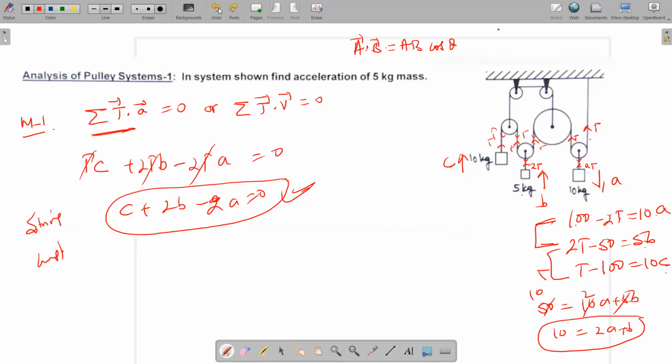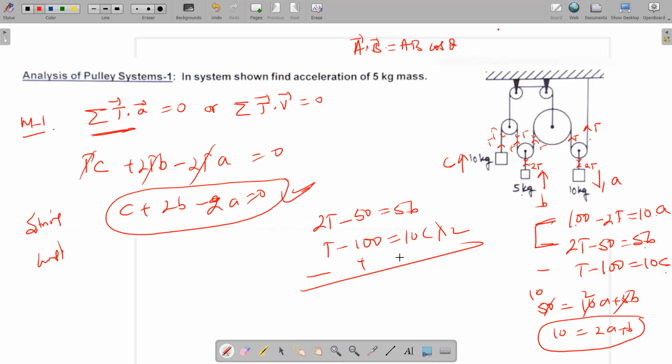So 2T minus 50 equal to 5B, and T minus 100 equal to 10C. Multiply by 2 and subtract, T gone, 200 minus 50, that is 150, equal to 5B minus 20C. Divide by 5, 30 equal to B minus 4C.